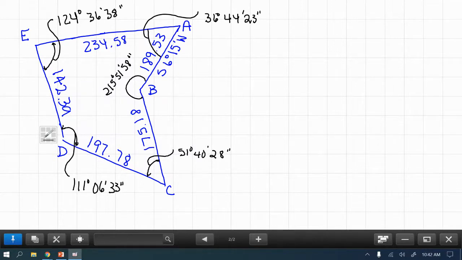We actually worked with page 165, we did A and B. If we go clockwise, we're going to subtract.